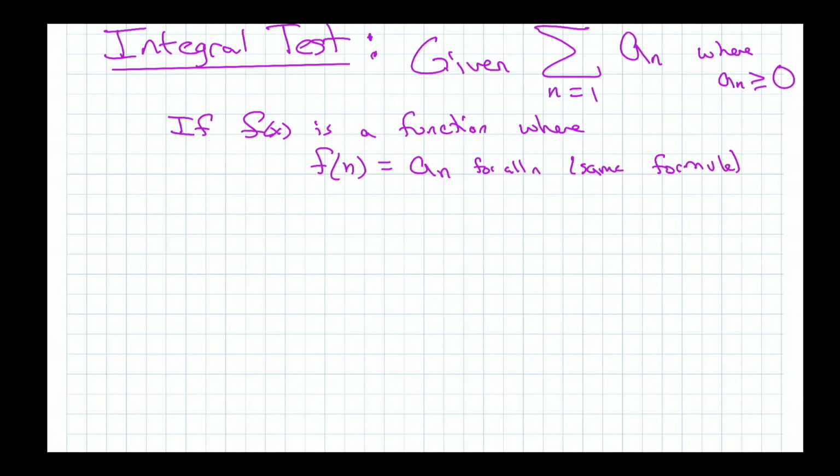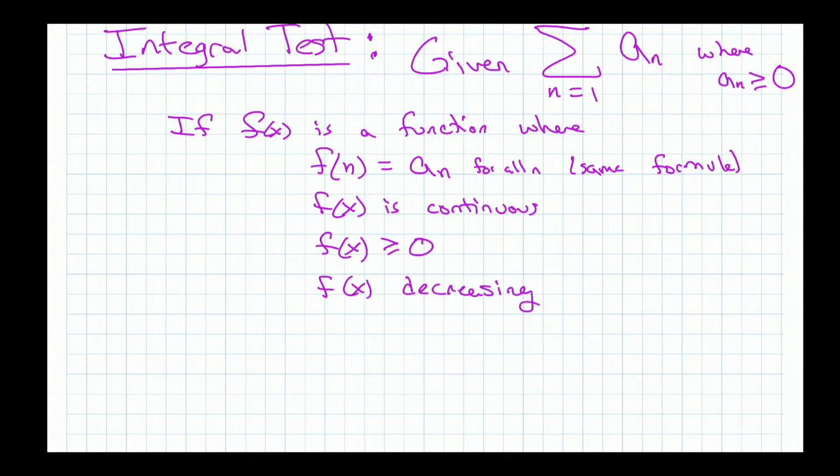You also need f of x to be continuous. Technically, it also needs to be positive, but we already said that an is positive. I'll just say it's positive here anyway, and f of x needs to be decreasing. Now, technically, it just needs to be decreasing eventually, and that's going to happen on its own anyway, but it's generally written here.